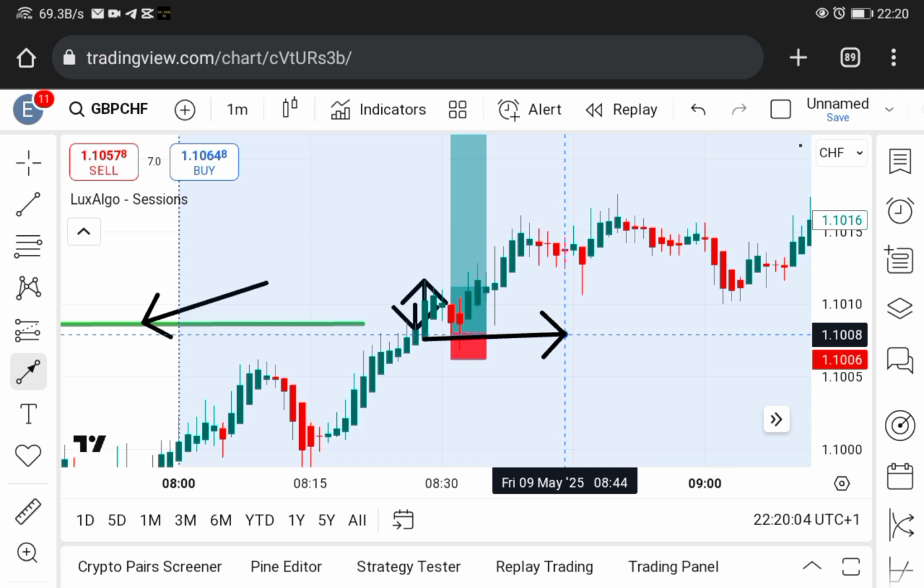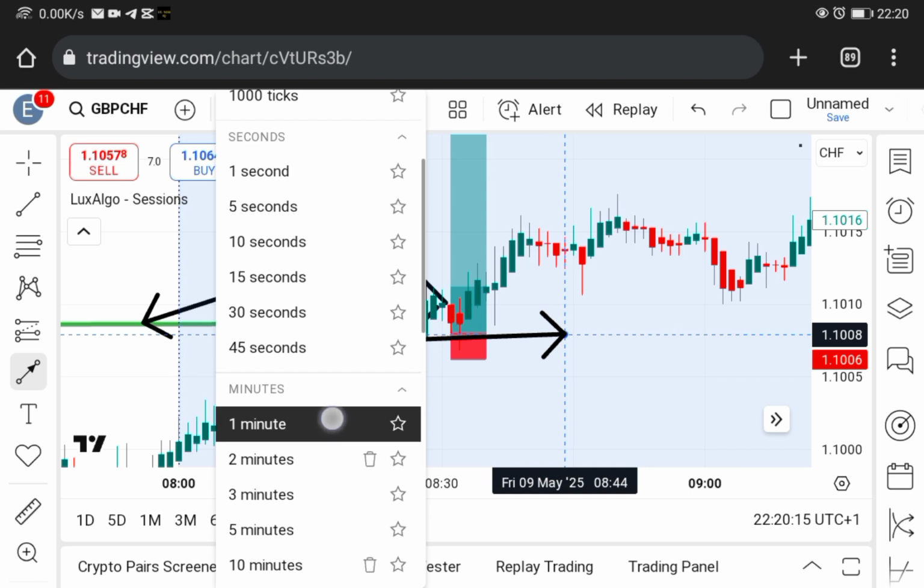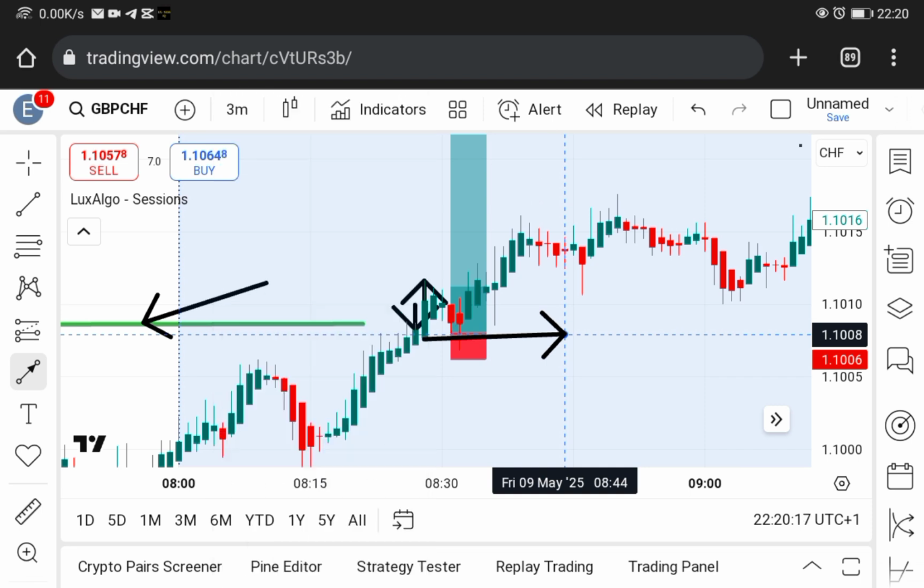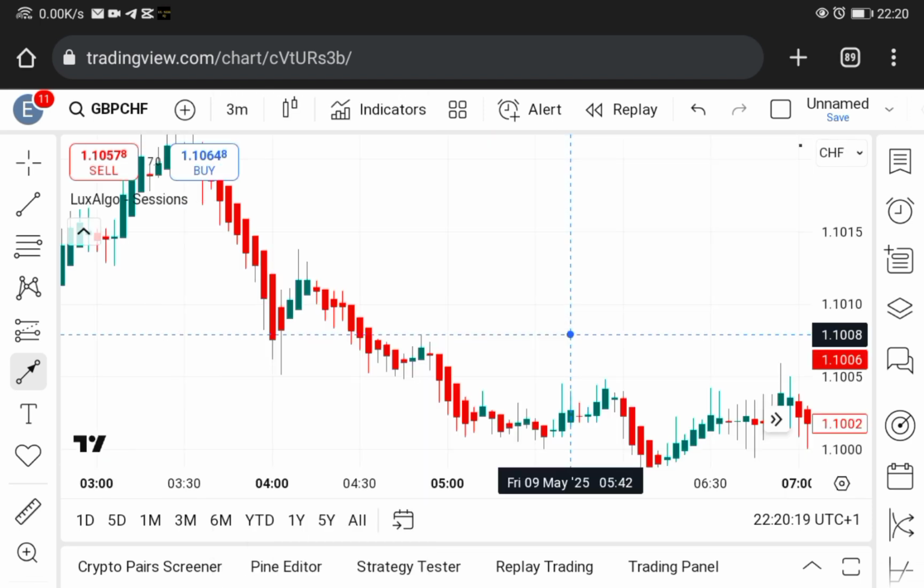Then let us move to 3 minutes. If your stop loss comes below that level, you will get taken out. So your entry will be at that point. Let's go to where our 3 minutes stop loss has to be.